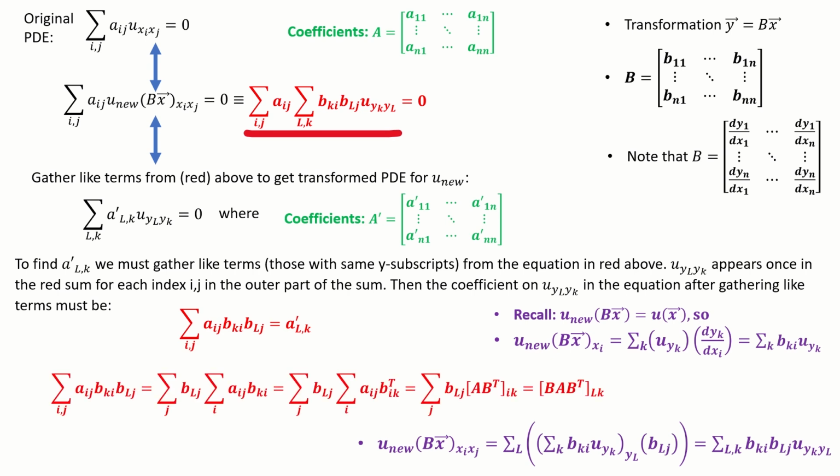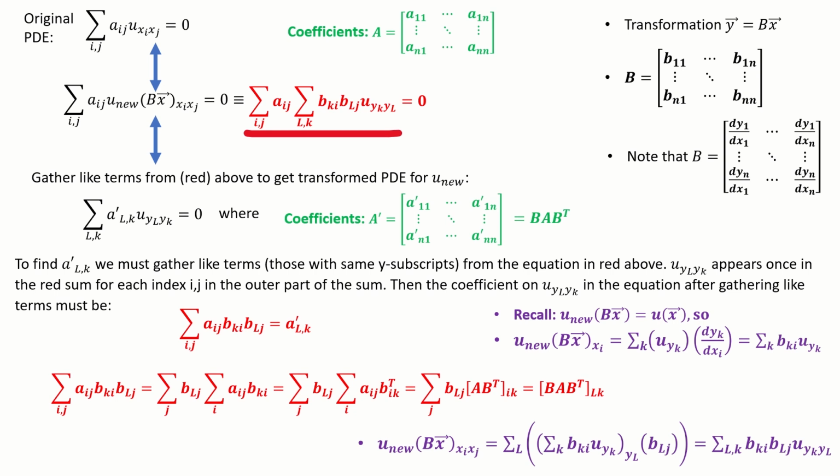Simplifying, we get that this is nothing other than the kth entry of the matrix B A B transpose. Since l and k were arbitrary, we can now say that the coefficient matrix A prime of the transformed PDE equals B A B transpose.